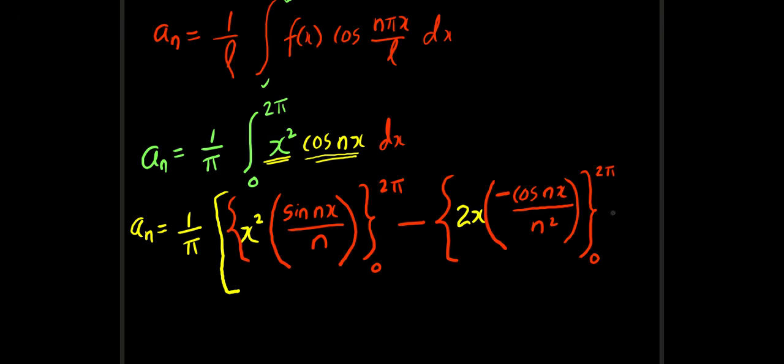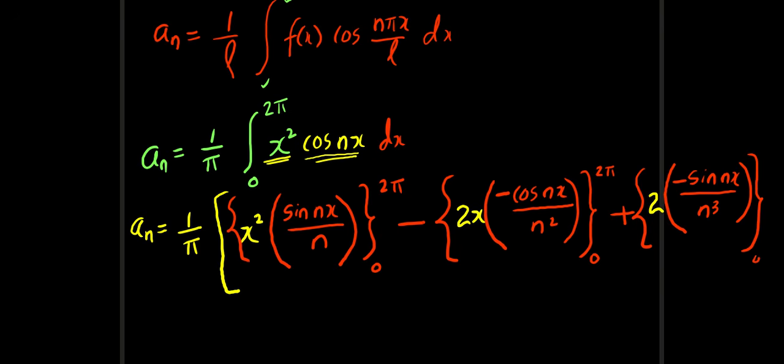And finally put a plus and the last bracket. This 2x will become 2, and the quantity inside the bracket will become minus sine nx the whole divided by n cube, of course within the limits 0 to 2 pi.